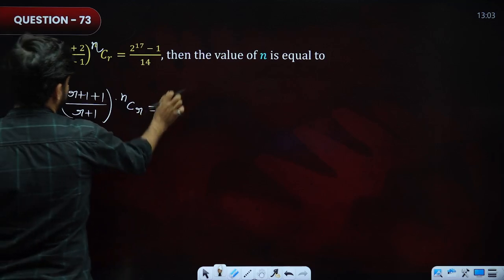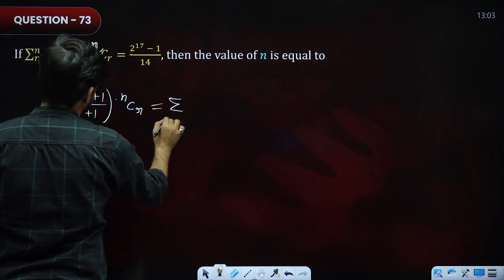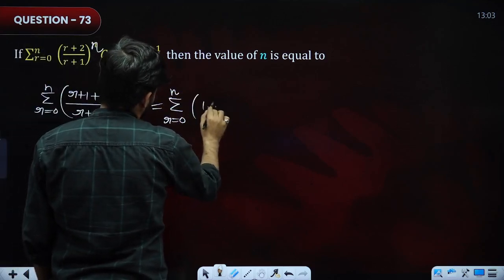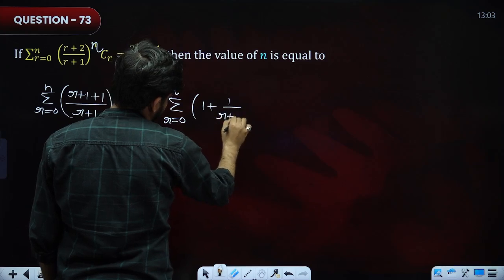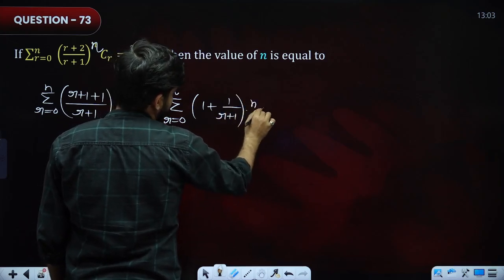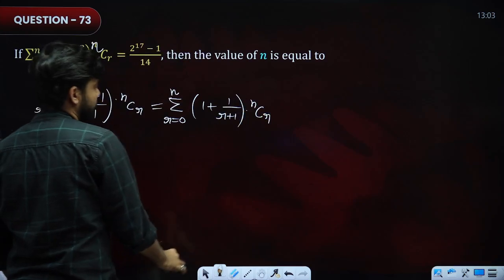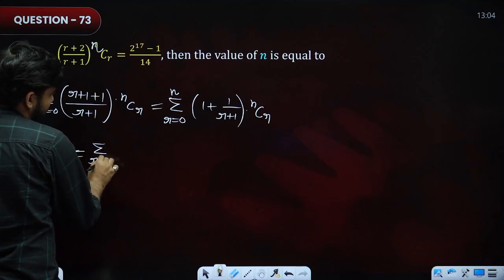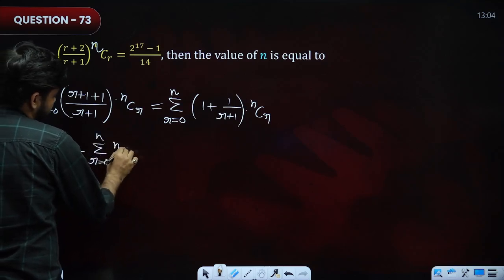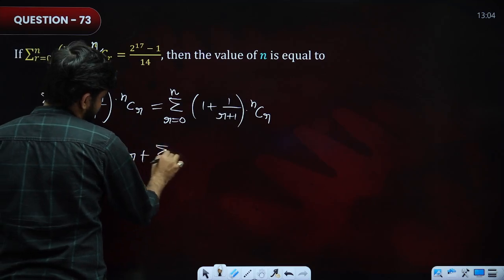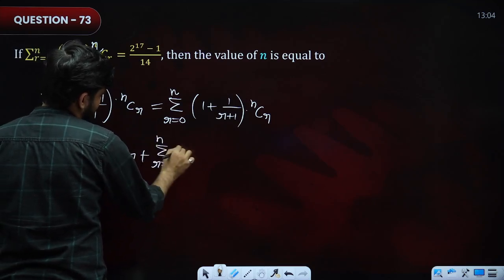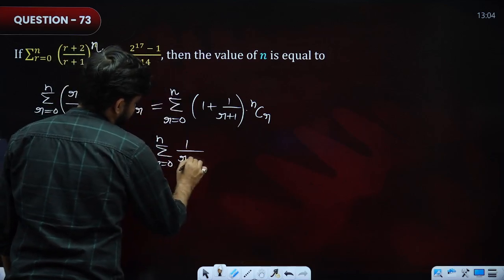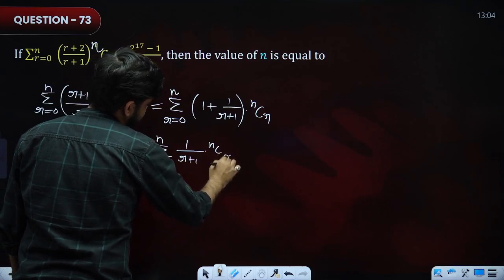Okay. So in that case, summation of r equals 0 to n, we can write (1 plus 1 upon r plus 1) into nCr. Therefore here we can write summation of r equals 0 to n nCr plus summation of r equals 0 to n 1 upon (r plus 1) into nCr.